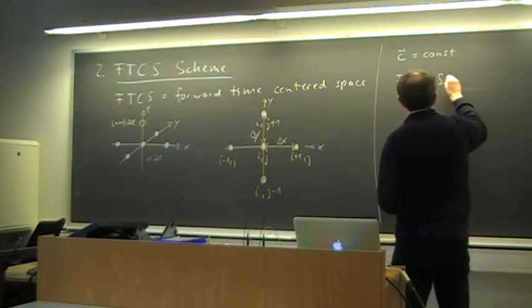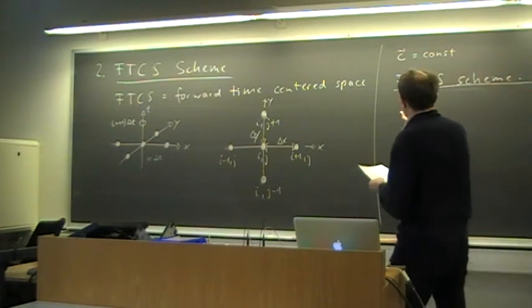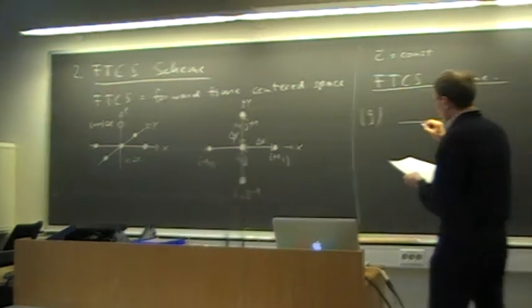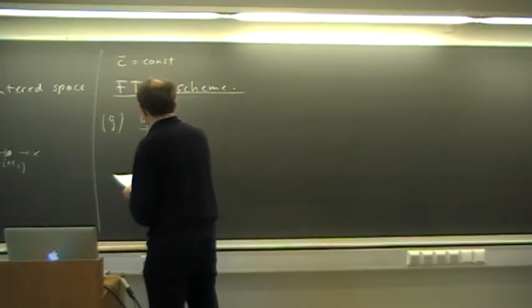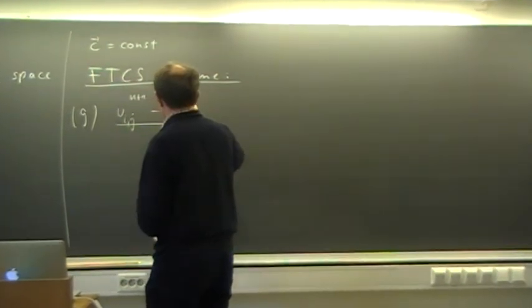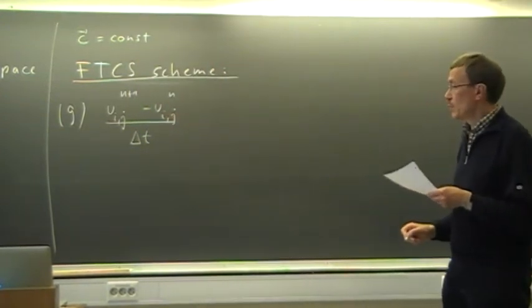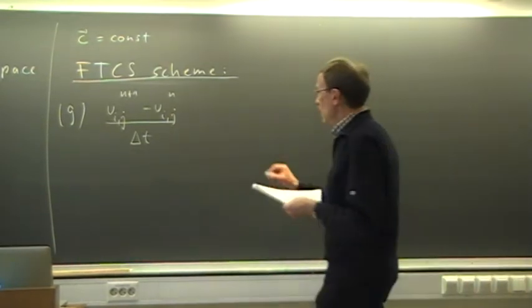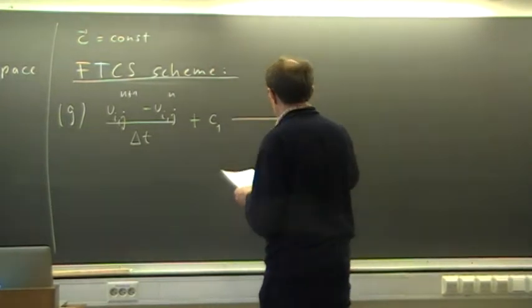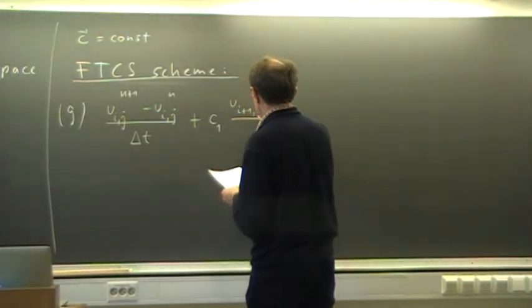Then the forward time-centered space scheme will be the following. It is now our equation 9. We take the usual time derivative approximation, and now we have the indices ij, the new time level minus the approximation at the old time level divided by the time step delta t. That is our approximation of du dt. And then we have the c1 assumed constant, and the du dx is then approximated by the centered difference approximation.